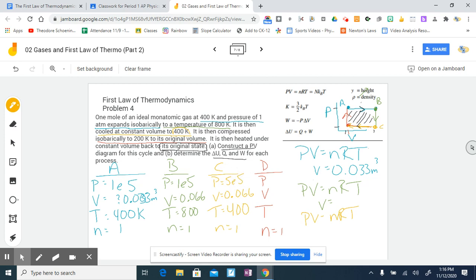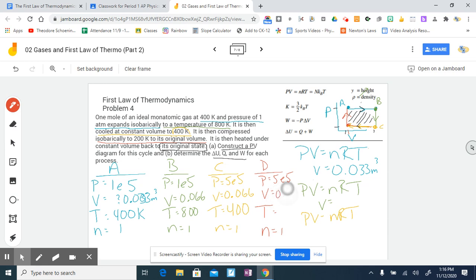And now finally I go over to the red, and I'm going to finish out what I have here. It says when we are in the red, it goes isobarically. Isobarically means that I got to keep the same pressure. So this will be 5E5. It's going back to its original volume. So I could do one of two things. I can actually solve this if I want to, or I could just realize, wait a minute, the original volume was already set.